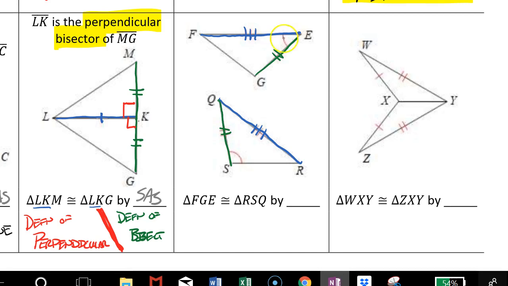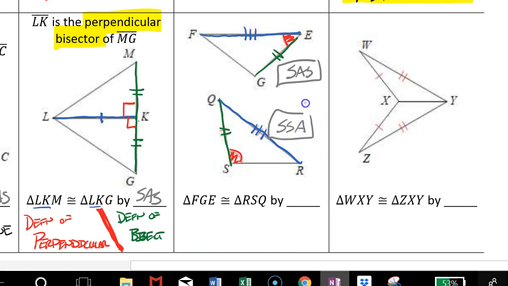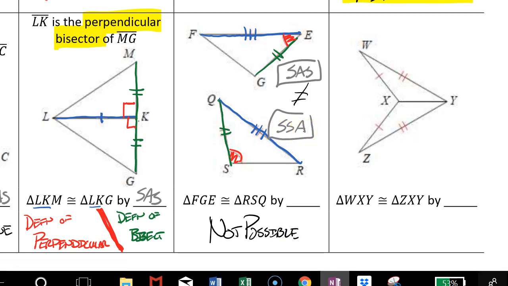And we also have an angle congruent in each, angle E and angle S. However, on further inspection, triangle FEG looks like it's set up for side angle side, while down here, it looks like we have side-side angle. These do not match, so therefore it is not possible to prove these triangles are congruent. There is no such thing as side-side angle congruence, so these 2 triangles cannot be proved congruent in their current state.